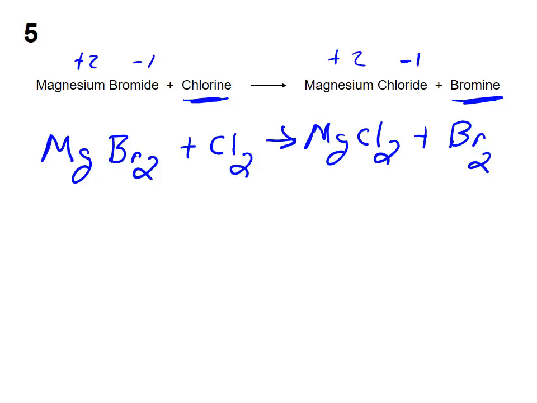Once I've written them correctly, all I need to do is count. I have magnesium 1, magnesium 1. Bromine 2, 2. Chlorine 2, 2. So this one, as written, is balanced.